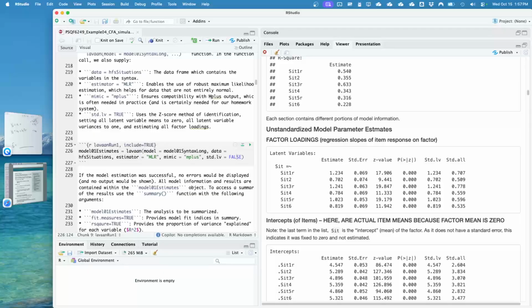This is the version of the standardized coefficient that would be similar to that of the path analysis, where we have the standardized coefficients. So these, for single factor models like this, are very close to what R squared would be.